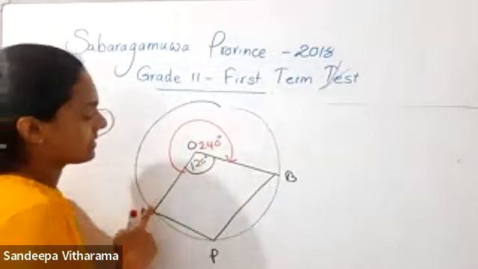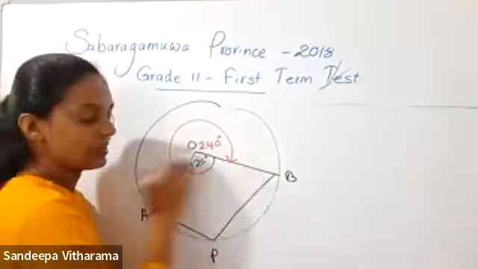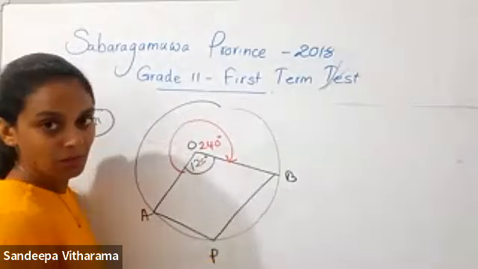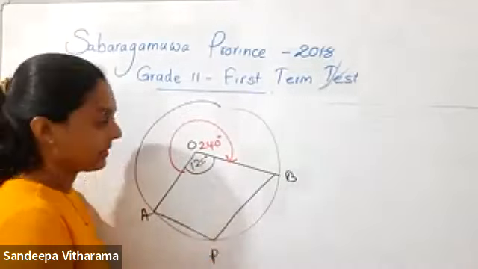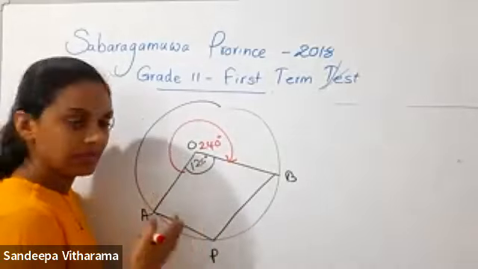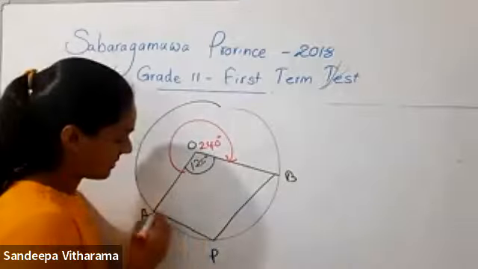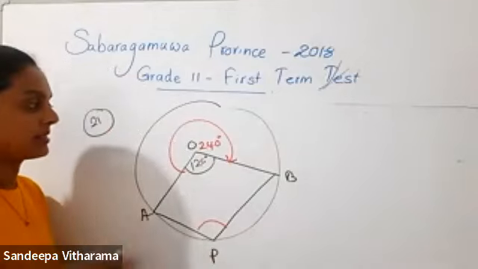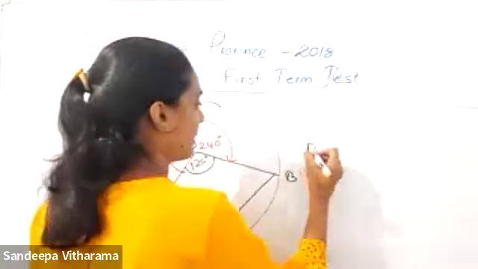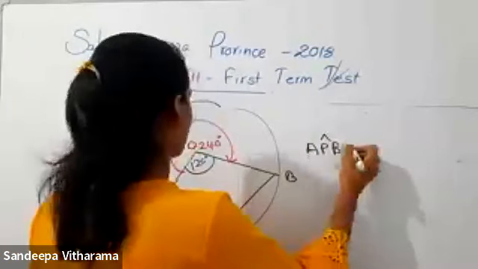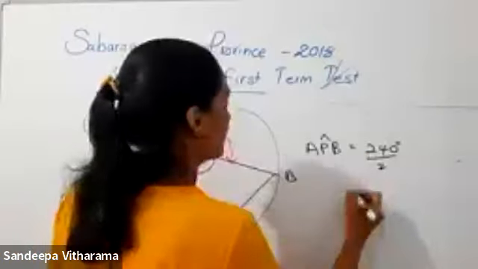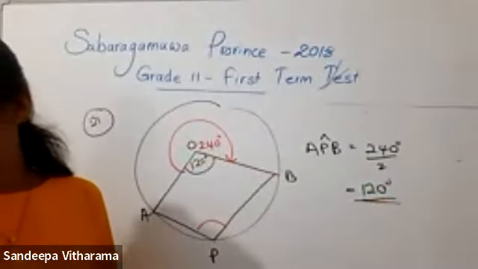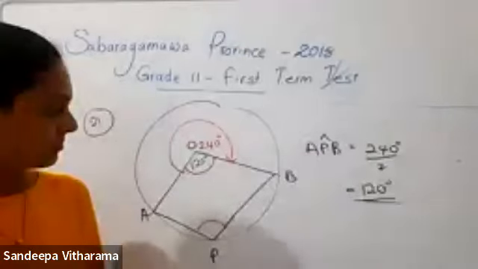This is the angle subtended at the center by the minor segment AB. Then the angle at the circumference is APB. It is always half of the angle subtended at the center. Therefore, APB is equal to 240 divided by 2, which is 120.